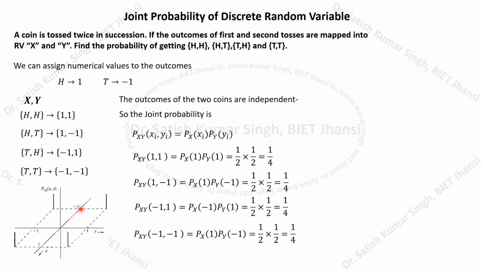Similarly, on this y-axis, y equals 1 denotes the head in the second toss, and y equals -1 denotes the tail in the second toss. So this way, the point 1 1 means in the first toss and the second toss we get head head, and its probability is 1 by 4. Similarly, we have all these four probabilities whose values are equal to 1 by 4.